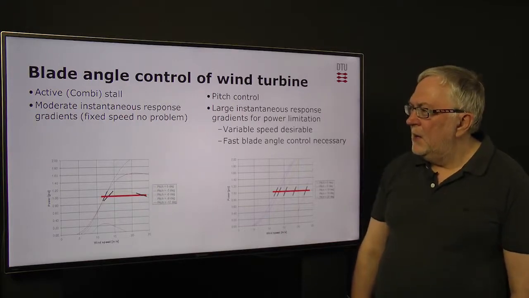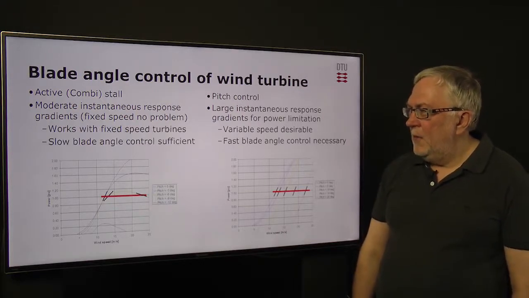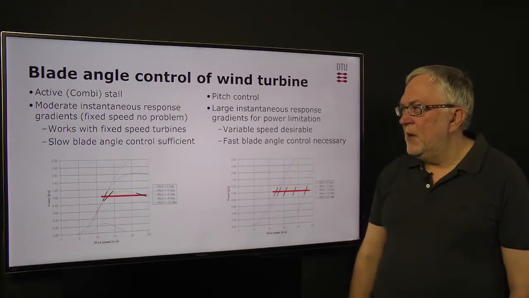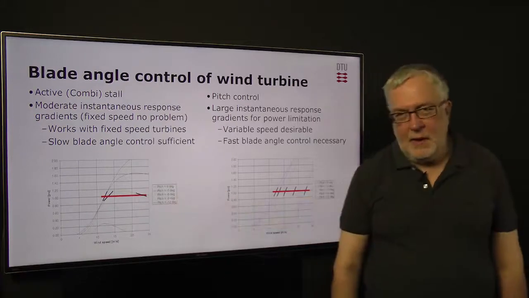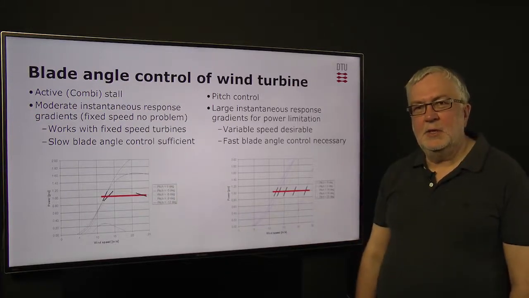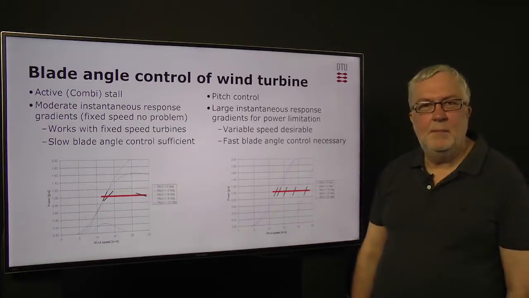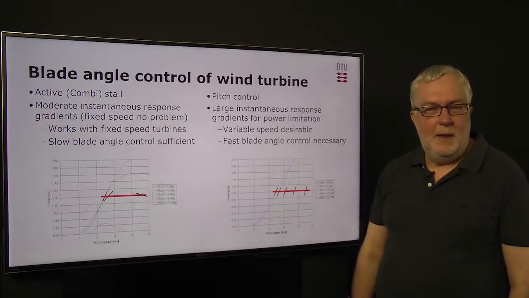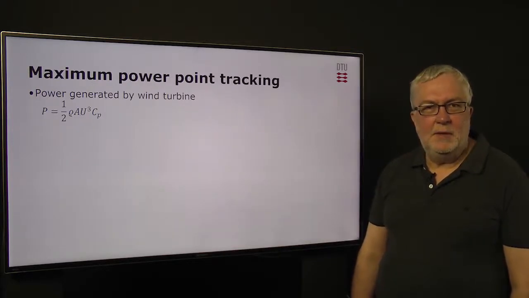So that is why this concept can work with fixed speed wind turbines and also with relatively slow blade angle control, meaning that the blade angle actuators and the whole pitching system can be much cheaper. So this has been applied in fixed speed wind turbines.